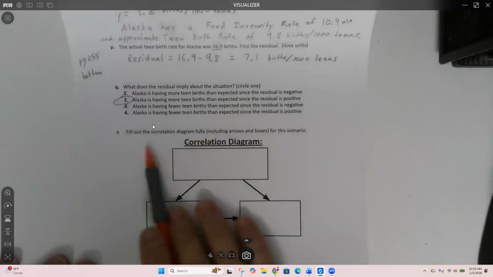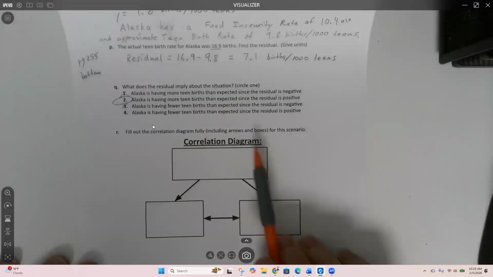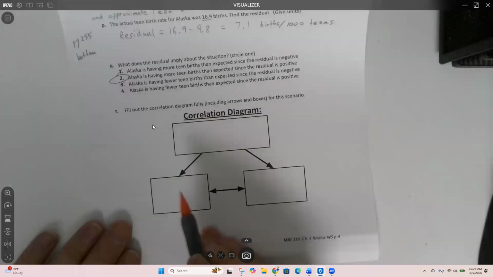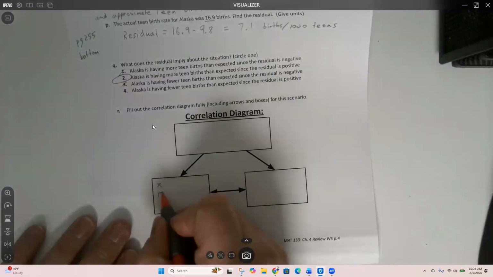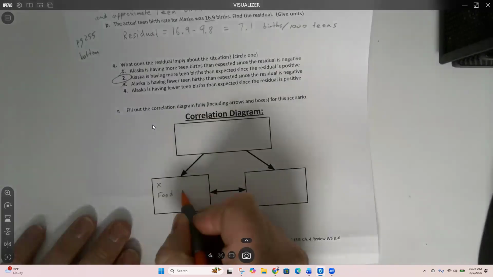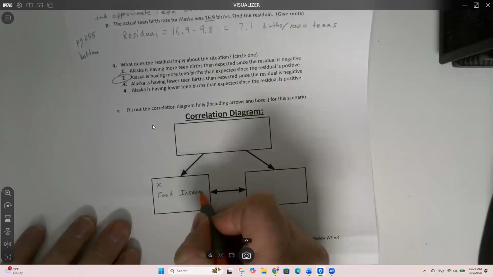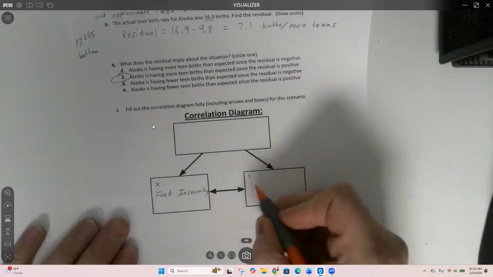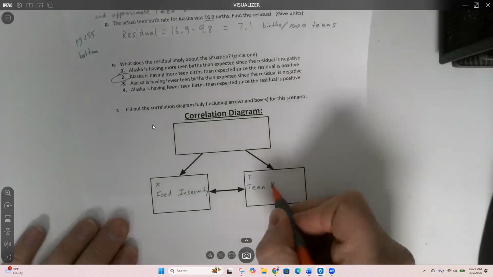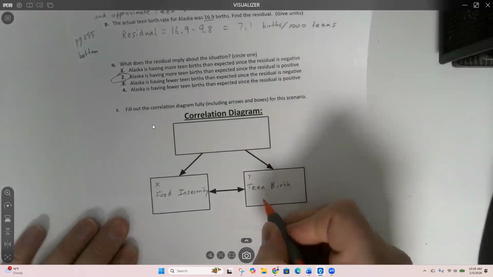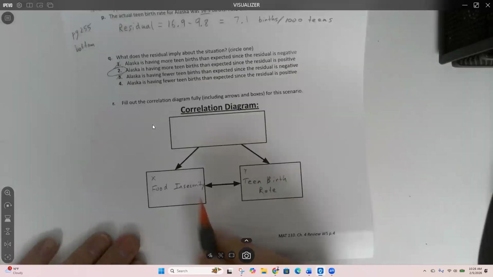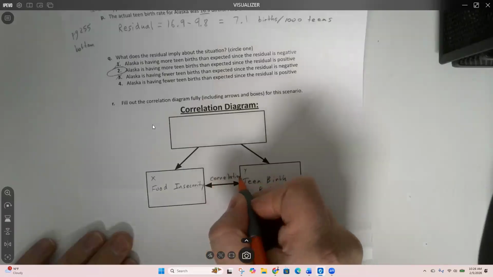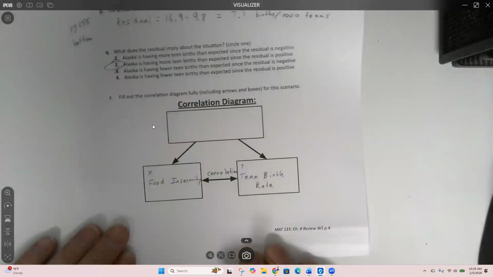Fill out the correlation diagram fully. Include arrows and boxes for this scenario. So our X values were food insecurity, and our Y values were teen birth rate, and this is a correlation.